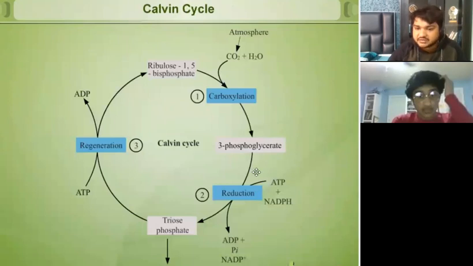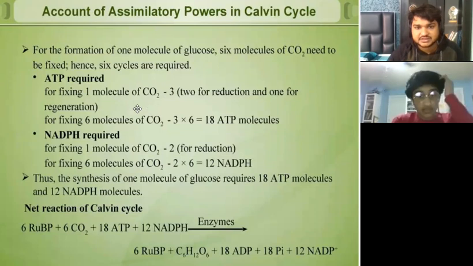For one cycle, one ATP is getting utilized here, and another ATP here. So in one cycle, two ATP are utilized. For this six cycles, how many ATP will be utilized? 12. So 12 ATP are getting utilized.